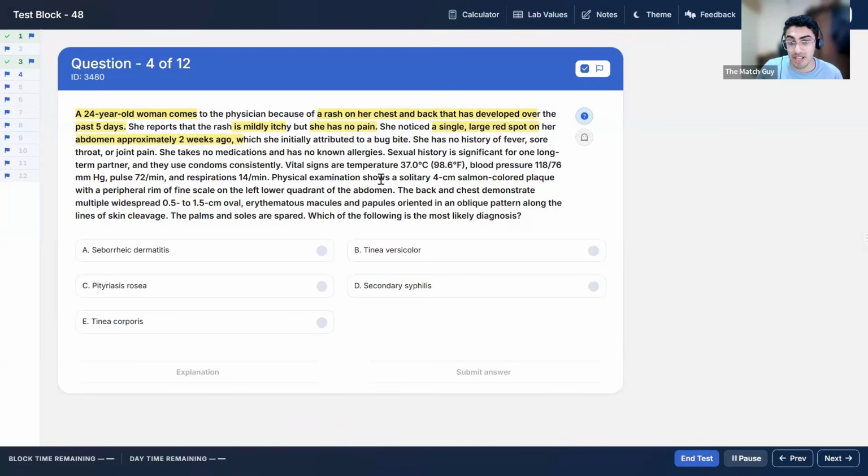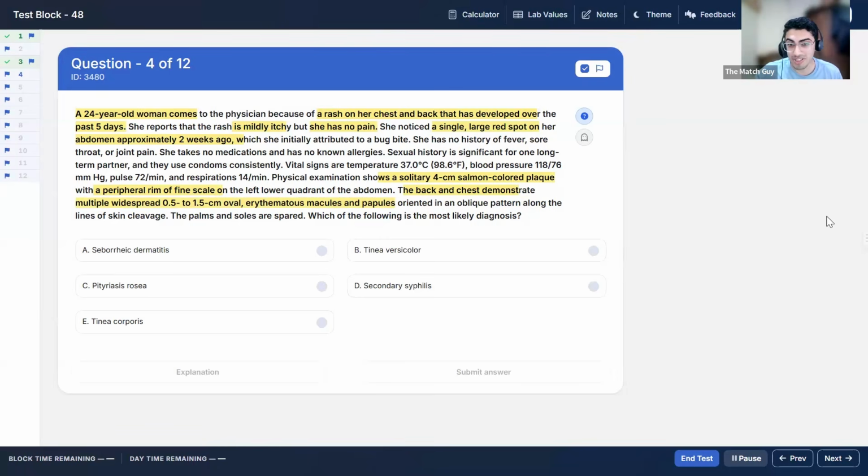Physical examination shows a solitary 4 cm salmon-colored plaque with a peripheral rim of fine scale. The back and the chest demonstrate multiple widespread half cm to 1.5 cm oval erythematous macules and papules. So this patient presented with a large 4 cm erythematous lesion, and then she developed smaller lesions.